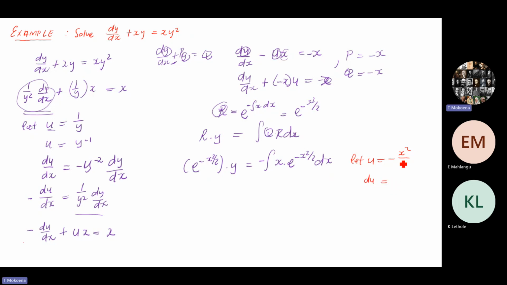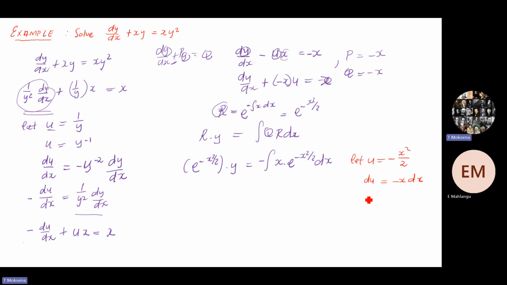What is the differentiation of this thing? You take 2 there, multiplied, it's going to give us negative x dx, right? And then remember, this equation can be written as negative 1 over x du is equal to dx. So that in the position of dx, I can write this thing over here. Then x will cancel that x, and negative will cancel with that negative.